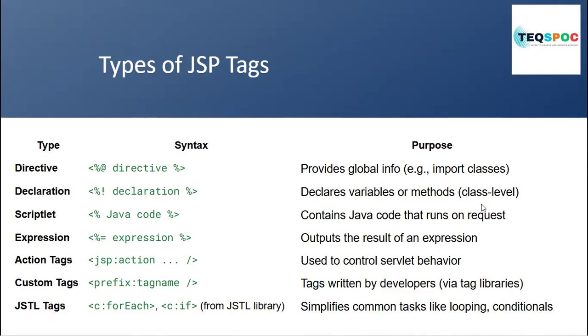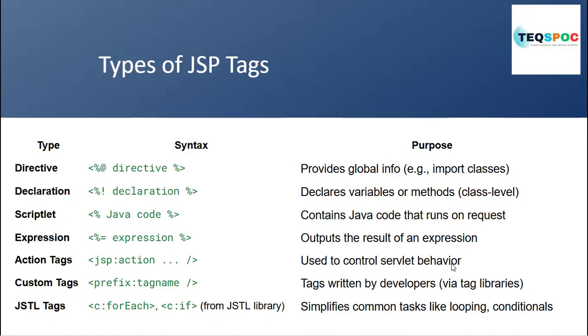If you want to create a variable and a method, you can use the declaration tag. It is used for access specifiers and methods. The limitation is that you cannot use implicit objects inside a declaration. Implicit objects are out, request, response, and session.